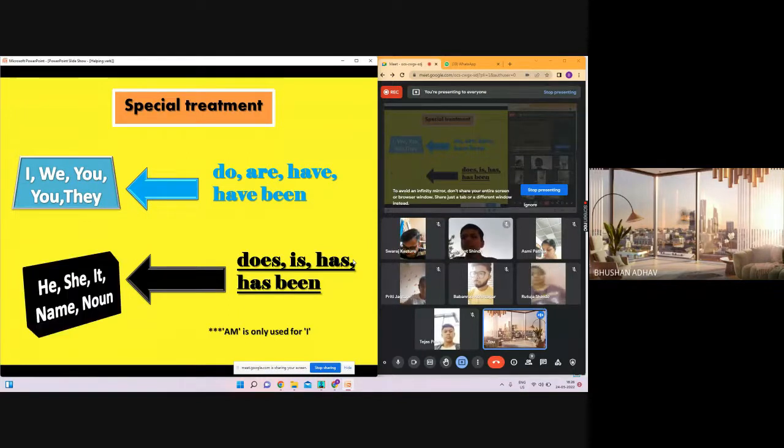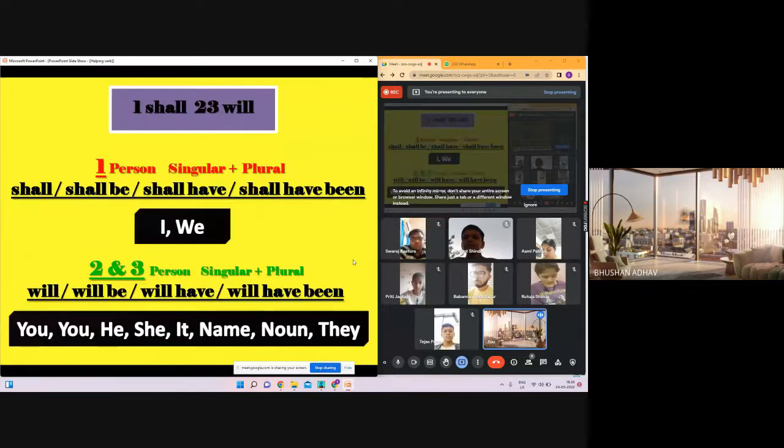So this is about the present. And then for the future, one shall, two, three will. So the chanting will be very straightforward. There would not be any kind of barrier in the rules. I shall, we shall, you will, he will, she will, it will, name will, noun will, and then they will.